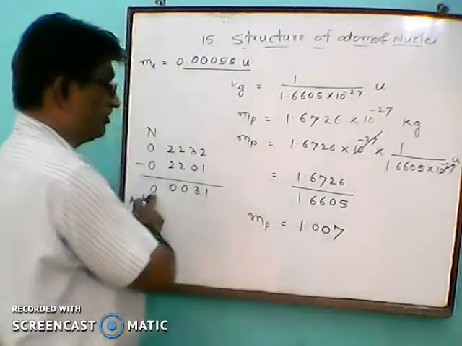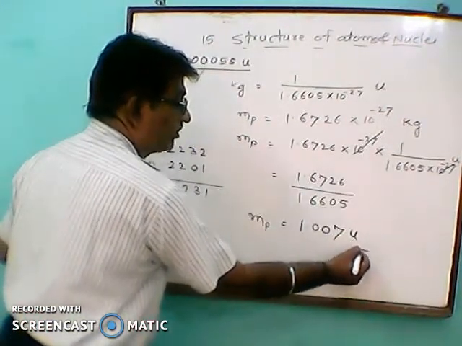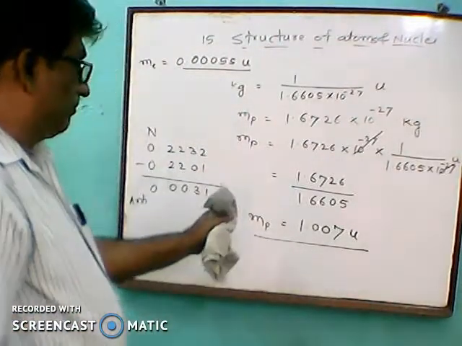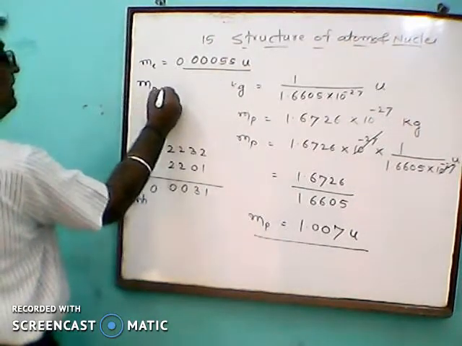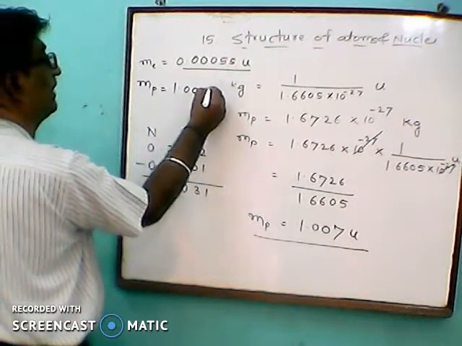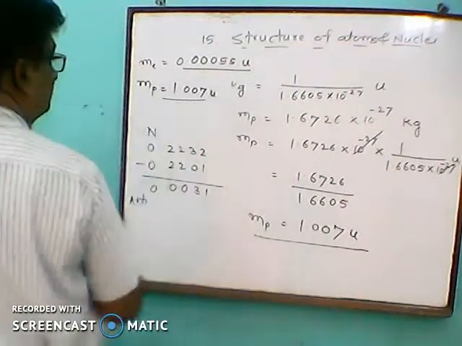So in terms of atomic mass unit, the mass of proton is equal to 1.007 atomic mass unit.